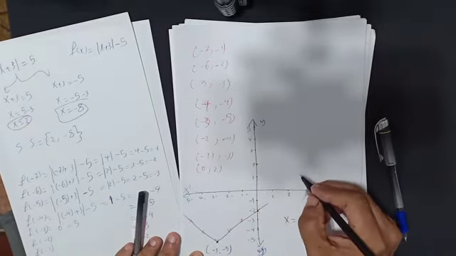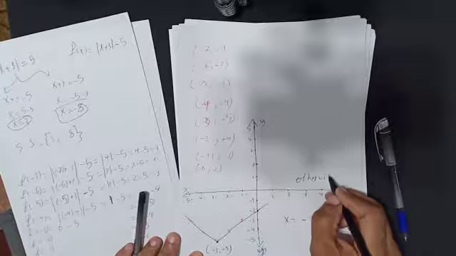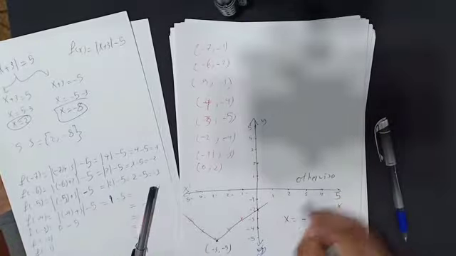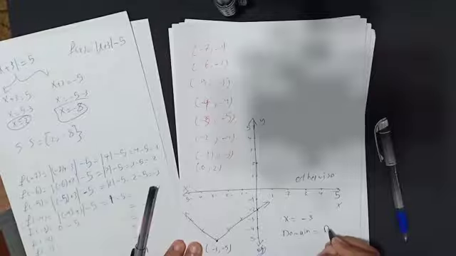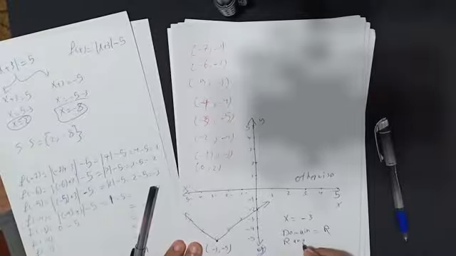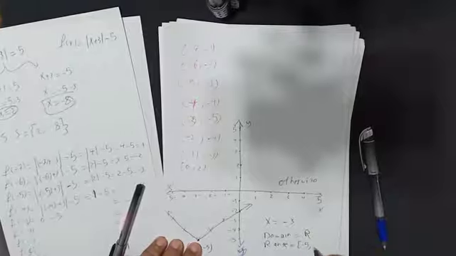Otherwise, this is not an even function or an odd function. Domain, of course, equals R. Range equals from negative 5 to infinity.